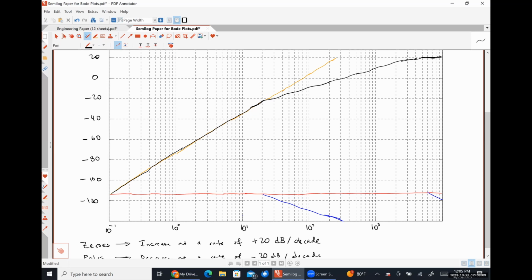I continue increasing at a rate of 20 decibels per decade until I hit omega is equal to 6 times 10 to the 3, at which point my rate should decrease to 0 decibels per decade or a flat line because my 2 poles have canceled out the rise of my 2 zeros.